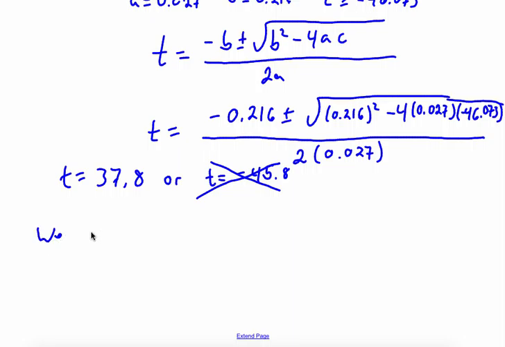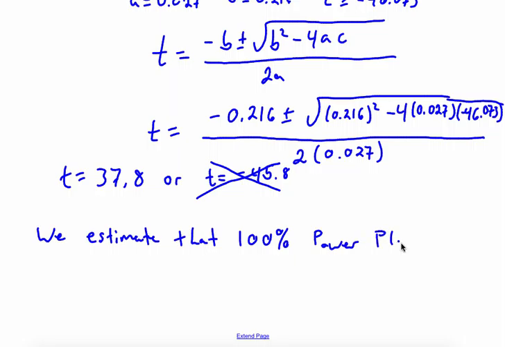We estimate that 100% of the power plants will reach full capacity in 37 years since 1970.